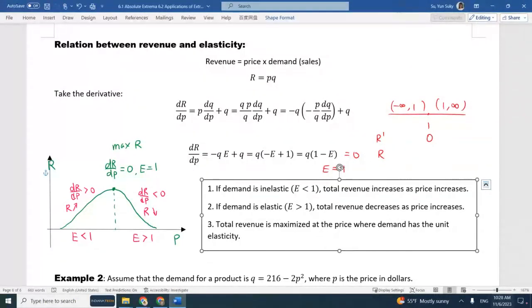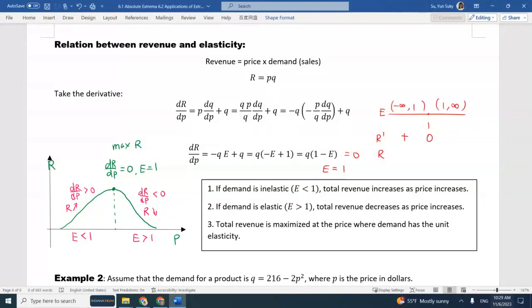If you plug in 0, do you see Q is demand. Demand is greater than or equal to 0, right? And then 1 minus E is 1. Do you see we just get Q? Q is positive, right, everybody? So you get positive.